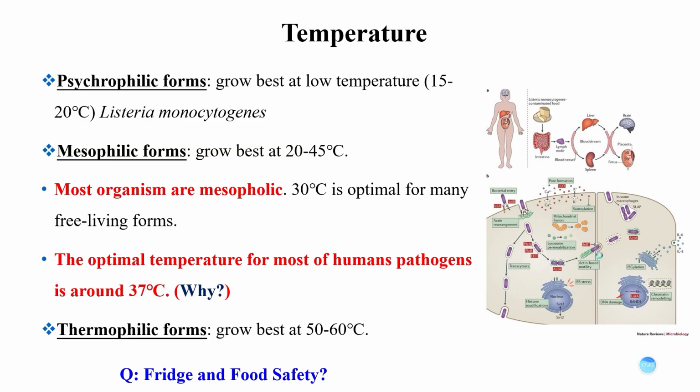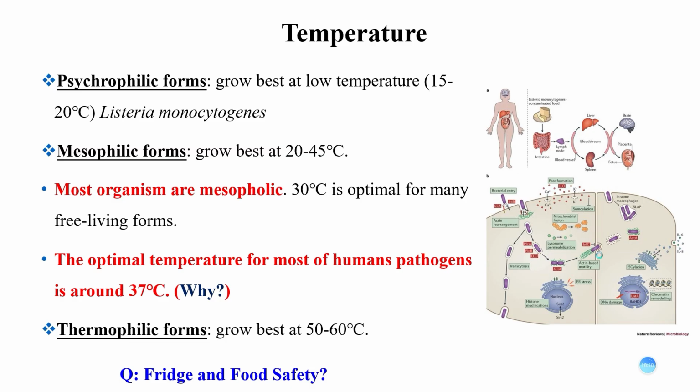This group, we call them psychrophilic forms. This word, psychrophilic, means they like low temperature. So they grow best at low temperature, like 15 to 20 degrees. One example of this group is the Listeria monocytogenes.